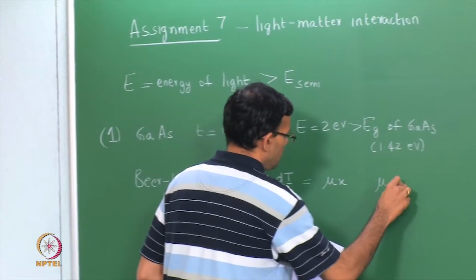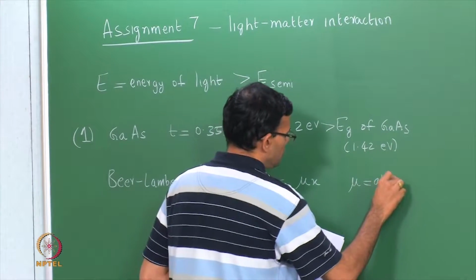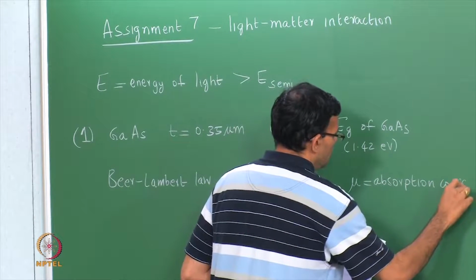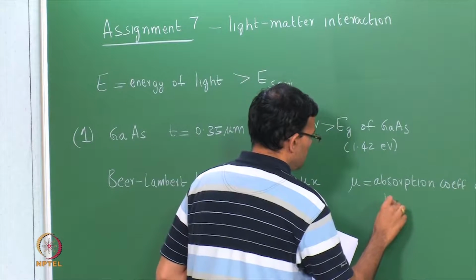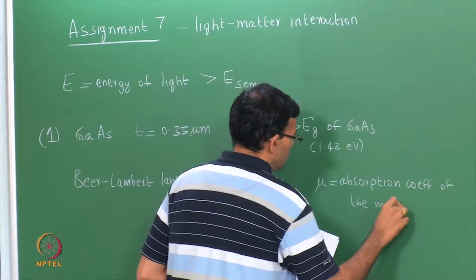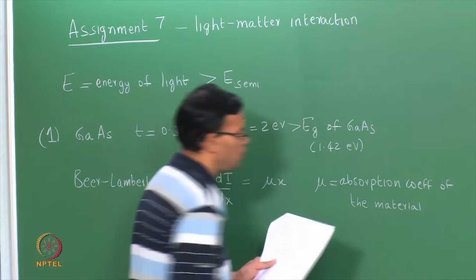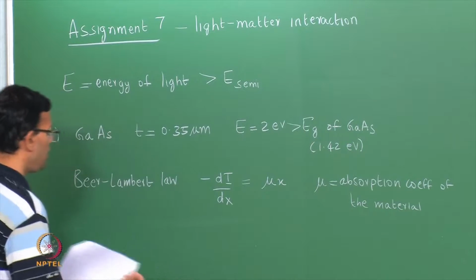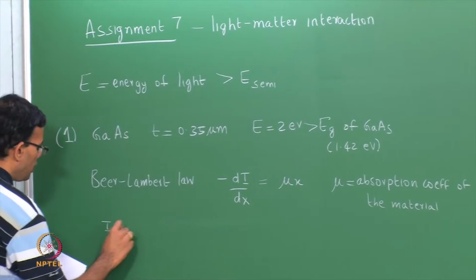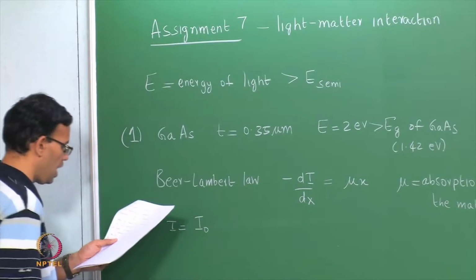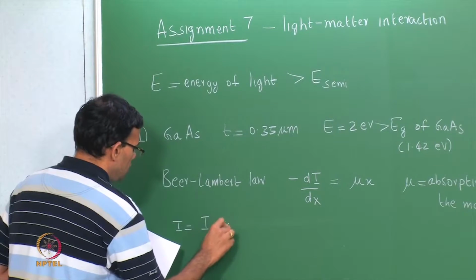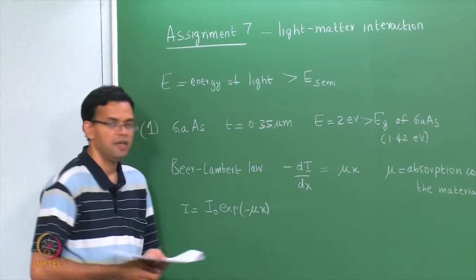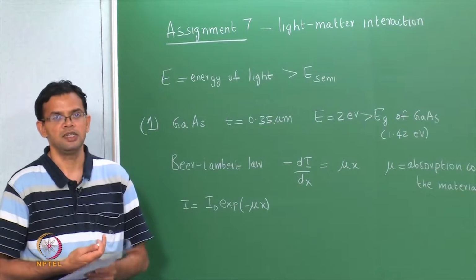Mu here is the absorption coefficient of the material. This in turn depends upon the wavelength of the light that is shining through this. We can integrate this and put the boundary conditions, which gives us I equal to I naught exponential minus mu x. I here represents the transmitted intensity.